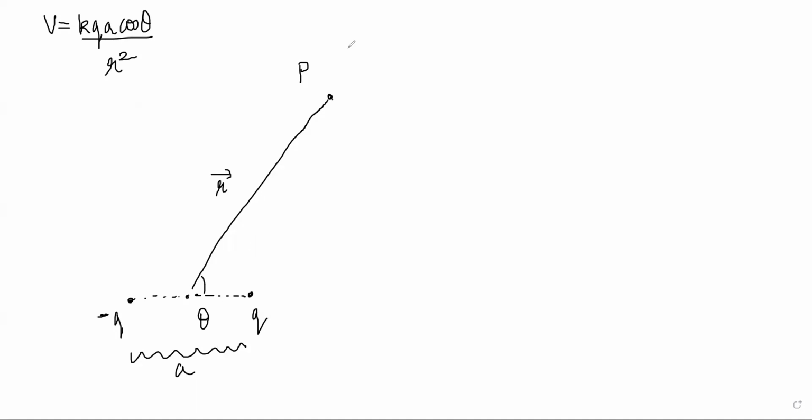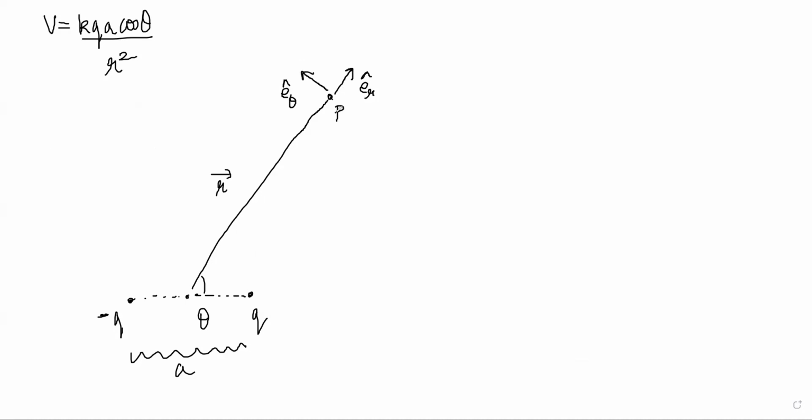So I will define two vectors, just like remember in circular motion we had defined a radial and a tangential vector, right? I will define one vector like this, which is your ER vector, and one vector like this, which will be called our E theta vector, right?